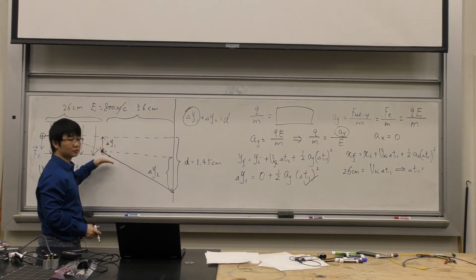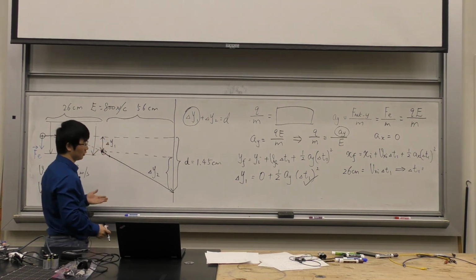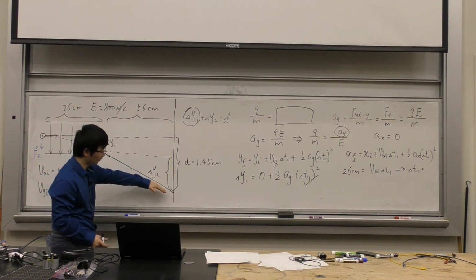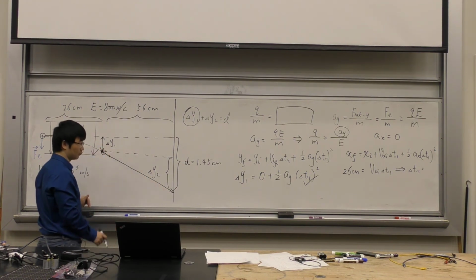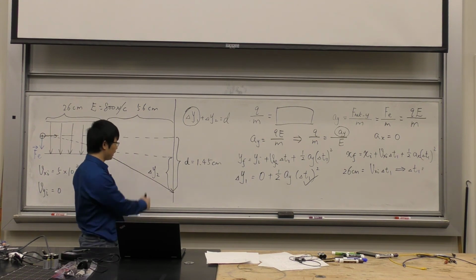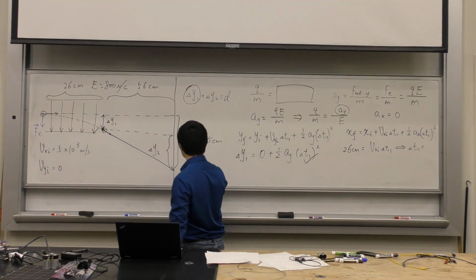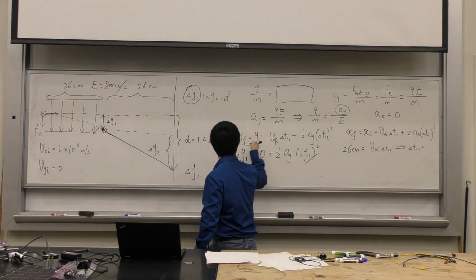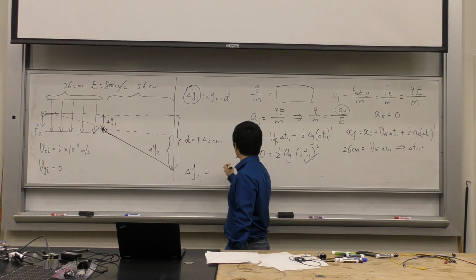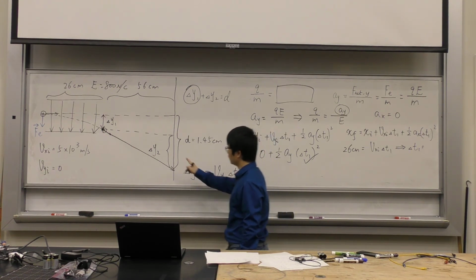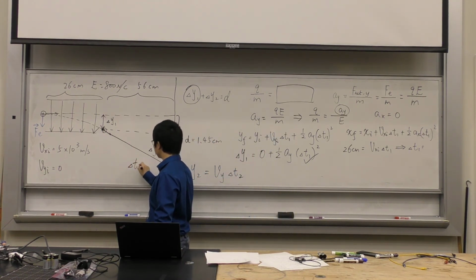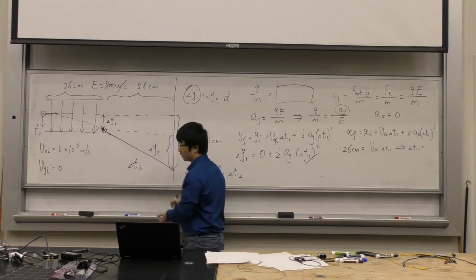This is a constant velocity motion. Nothing changes, right? The velocity is going to be constant in the x and y direction. So if I want to find delta y2, obviously, it's going to be the second equation, right? And then the acceleration is going to be 0, so it's going to be v_y delta t2. Now I'm going to use delta t2 because I only need the timing in the second process to calculate the displacement in the y direction.